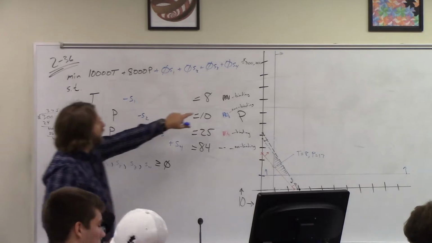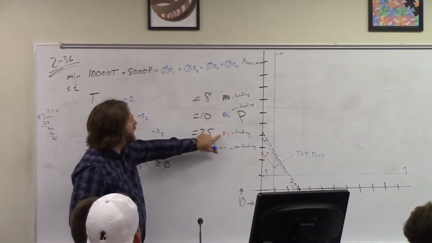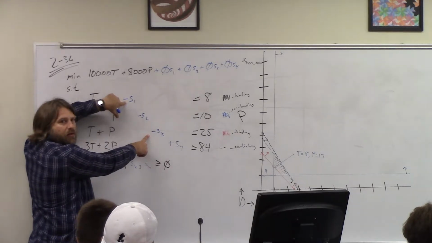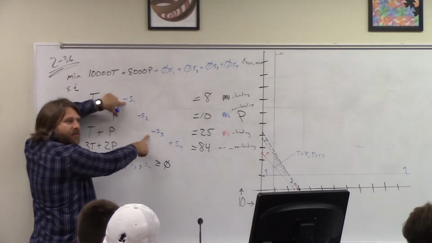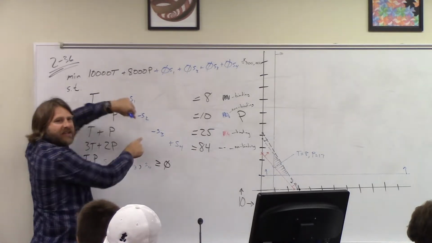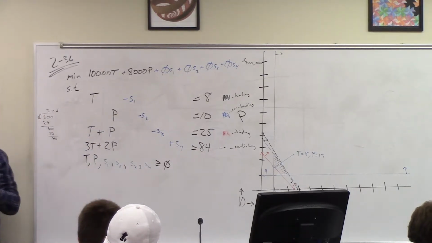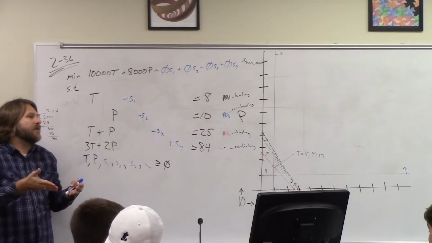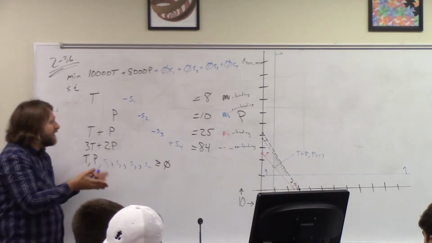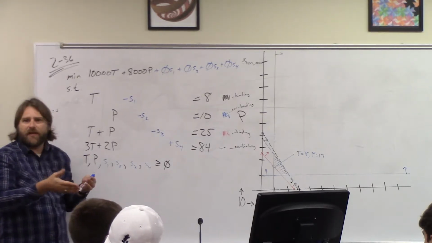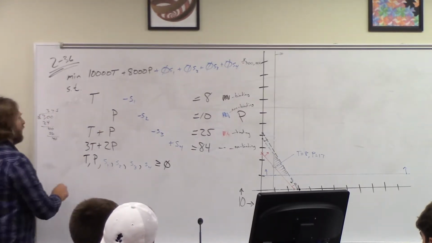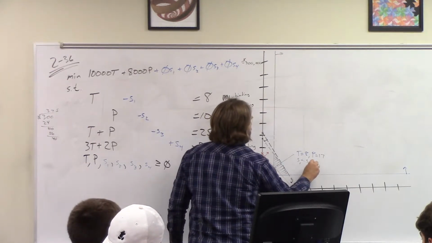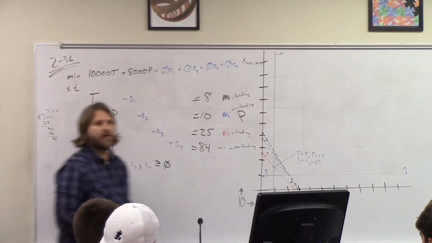So if this and this are binding, what should their surplus values be? They have to be 0 by definition, because if they weren't 0, then they wouldn't be bound. There would be more available to use. But there isn't any more available. That's what defines them as being binding. So we already know that S1 and S3 are 0.